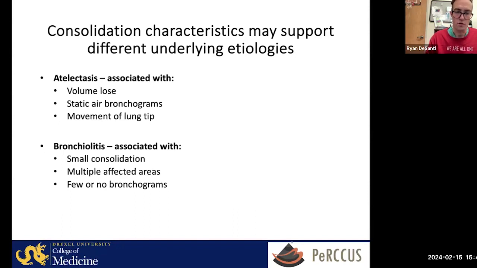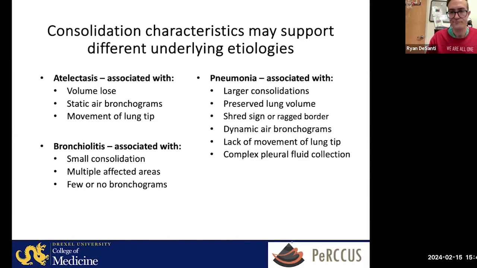Bronchiolitis is more likely to be associated with multiple small consolidations with multiple affected lung regions and few to no bronchograms. Of course, if the patient has atelectasis, this might change. And then pneumonia is more likely to be associated with larger consolidations, preserved lung volumes, shred sign or ragged borders of the consolidation, as well as dynamic air bronchograms.